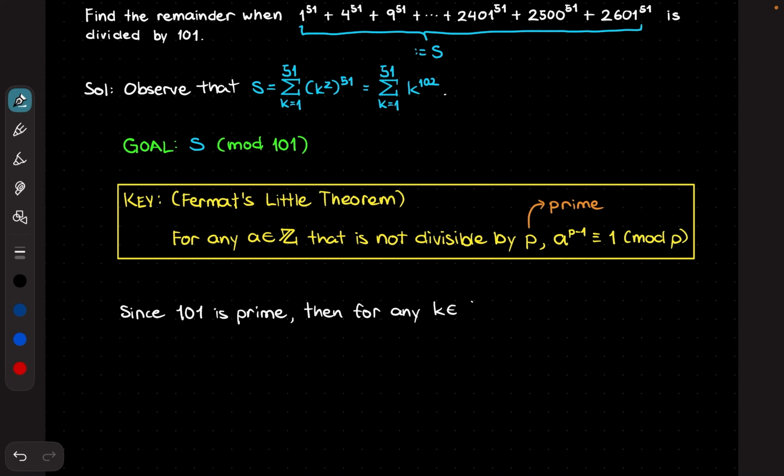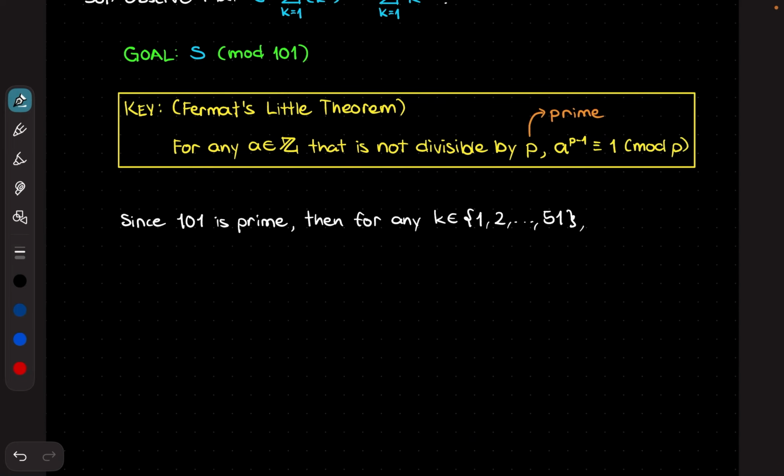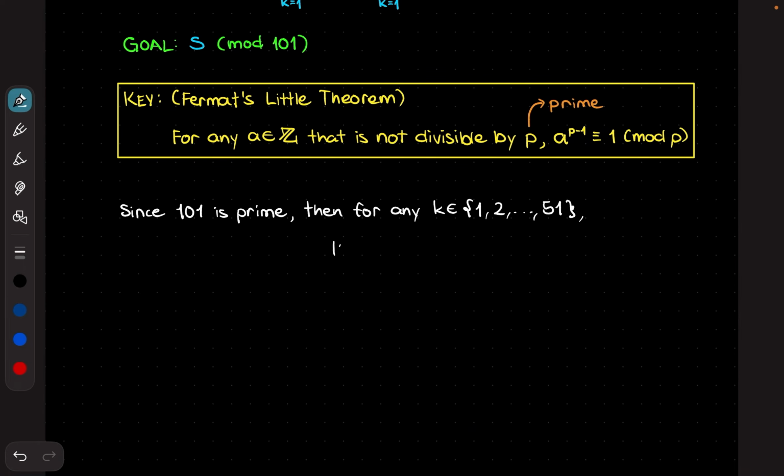So for any k from 1 up until 51, we get that k raised to 100, since 101 minus 1 is 100, must be congruent to 1 modulo 101. Or essentially, the remainder of k raised to 100 is just 1 when you divide it by 101.